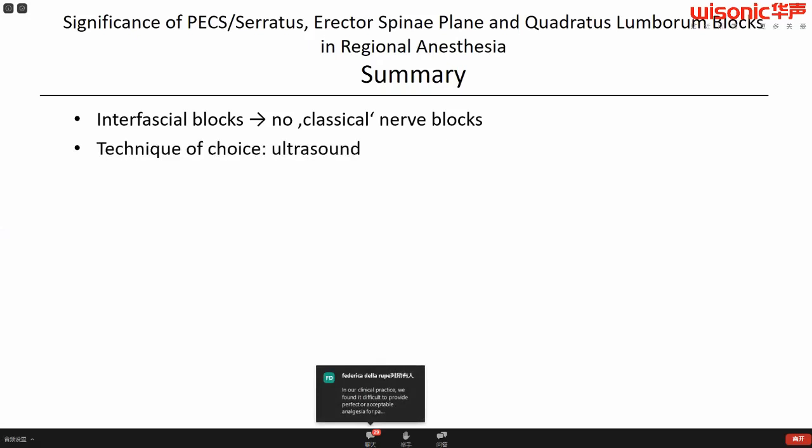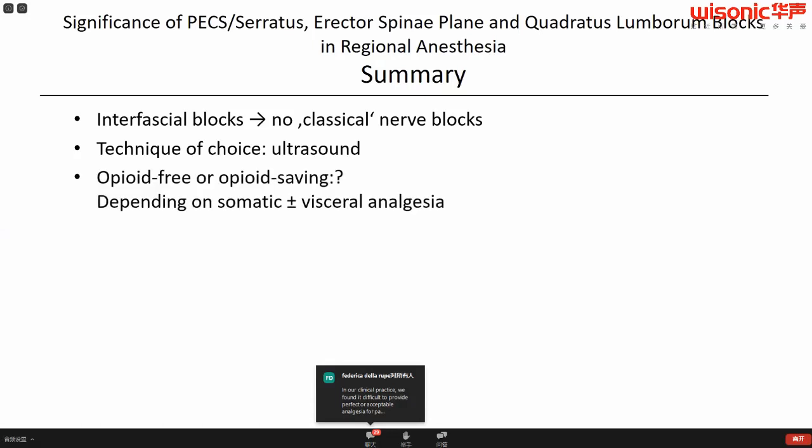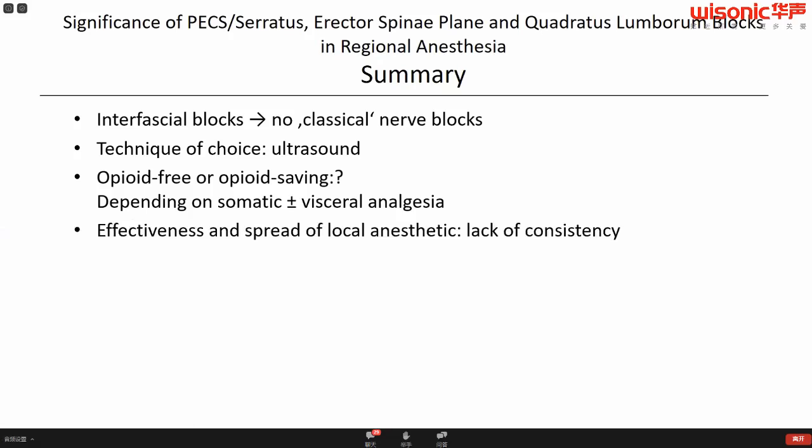The technique of choice when you're doing these blocks is the ultrasound-guided technique. Whether it is an opiate-free or opiate-saving technique depends on whether you block only somatic or both somatic and visceral fibers. Regarding effectiveness and spread of local anesthetic, we can say there's a lack of consistency.